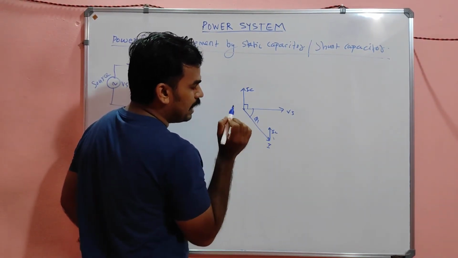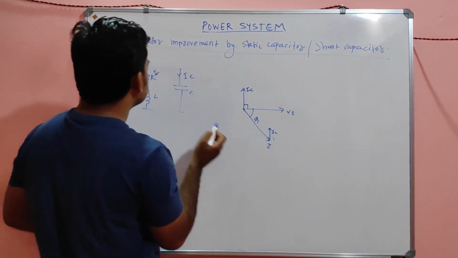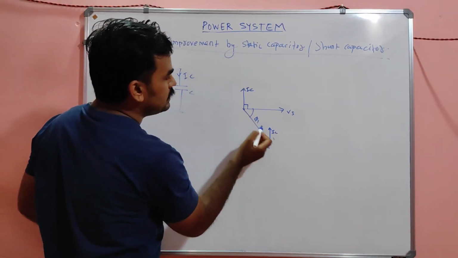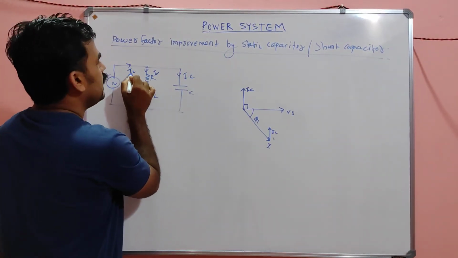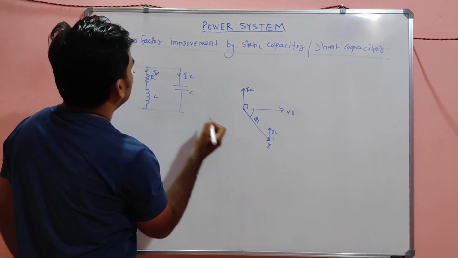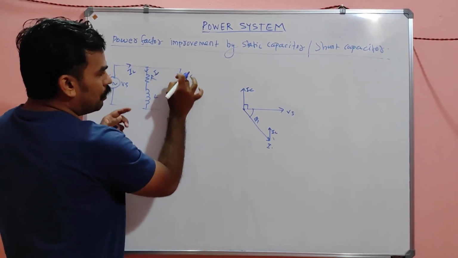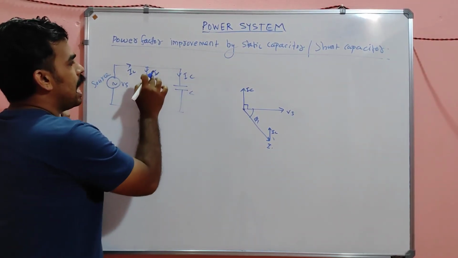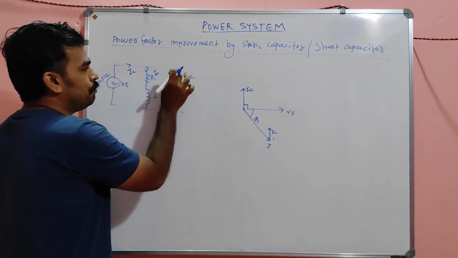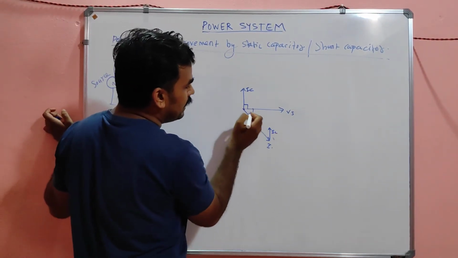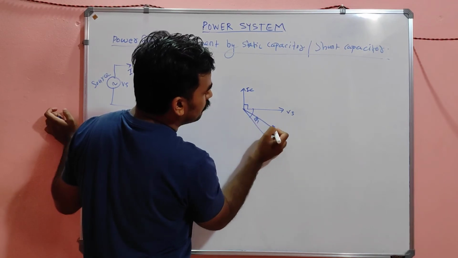So now this will be I. Initially I was there, now you insert the current IC. So now I plus IC will be the new current, my dear, IL.